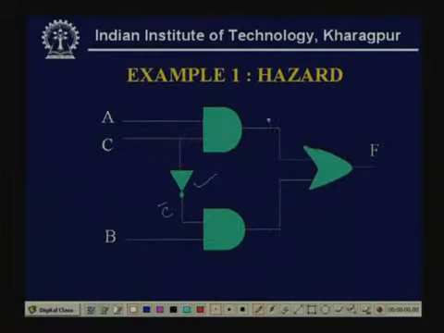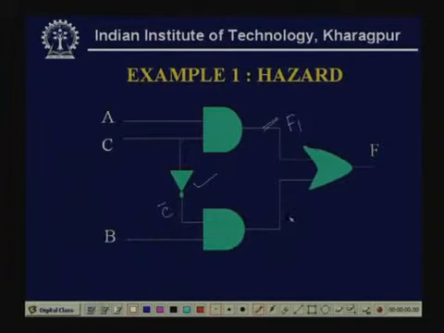So when this input of the OR gate is available, say this is my F1, at that time F2 is not available, because this inverter is taking some time to compute C bar, and then BC bar is computed after some time for this delay, and again some delay is associated with the bottom AND gate also.